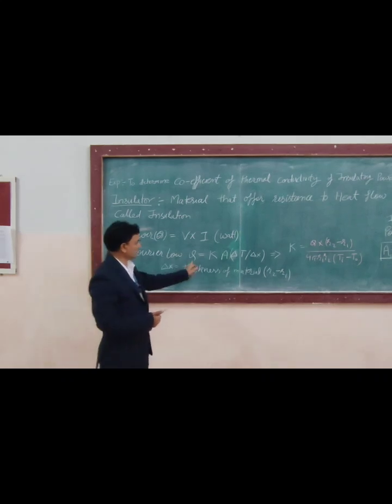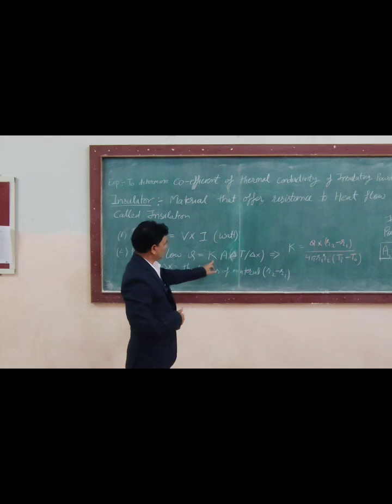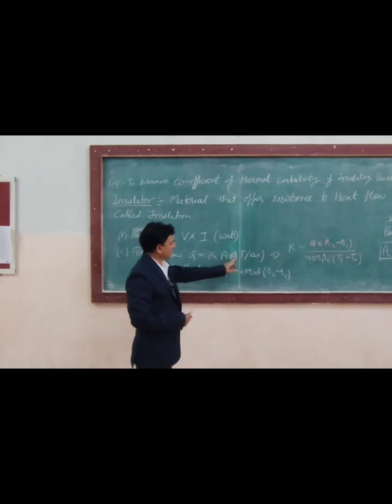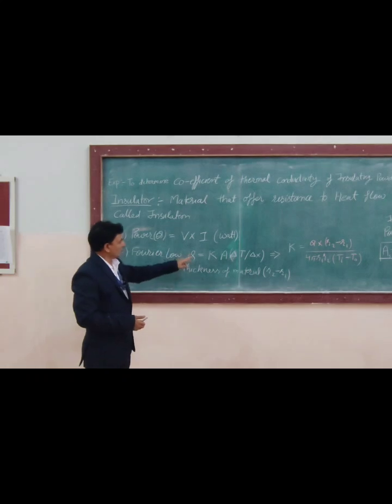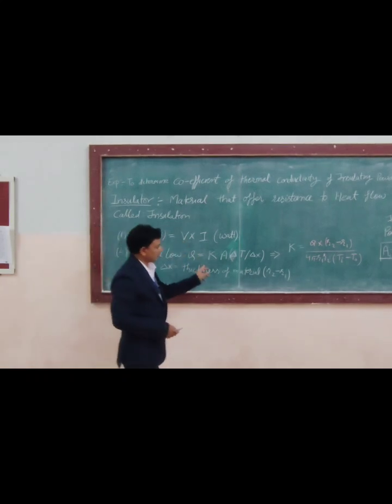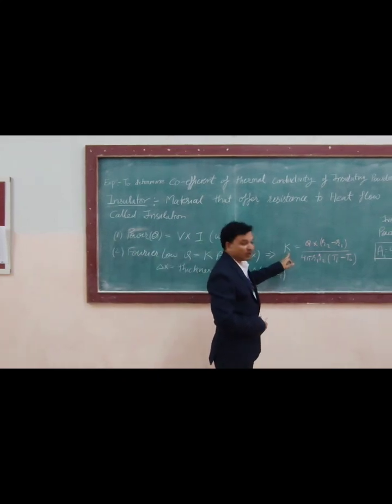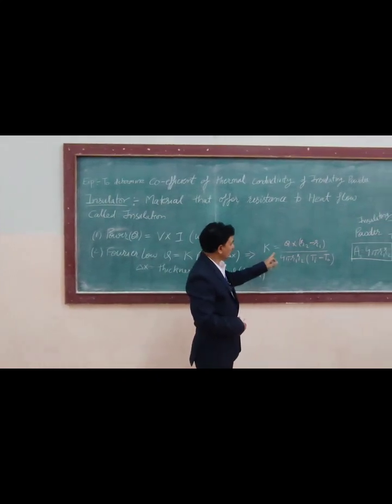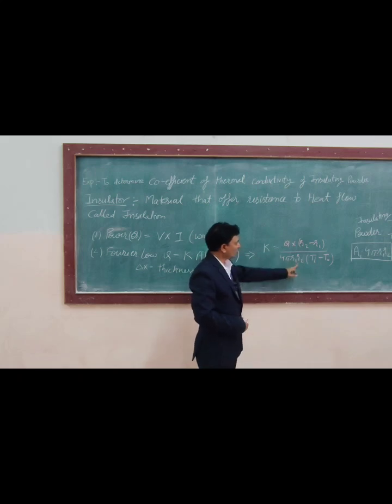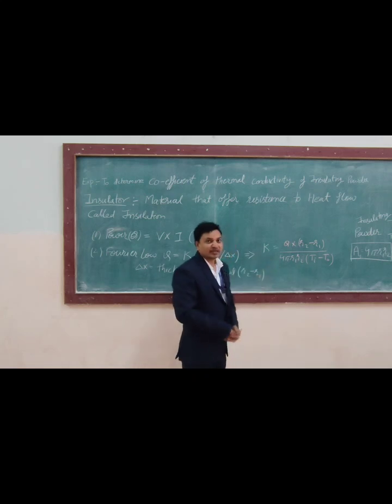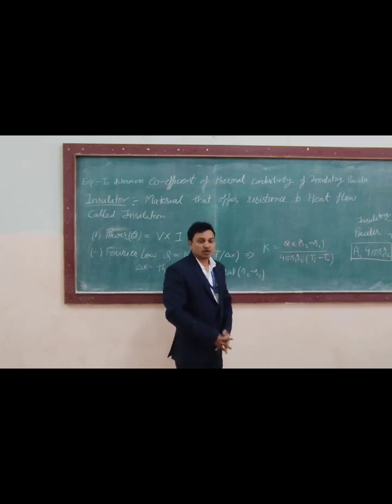For that we use the formula Q equals K A delta T divided by delta X. We equate these two equations, and after solving for all the parameters, we find the thermal conductivity of the insulating powder. We put all the values in this formula and get the thermal conductivity of the insulating powder.